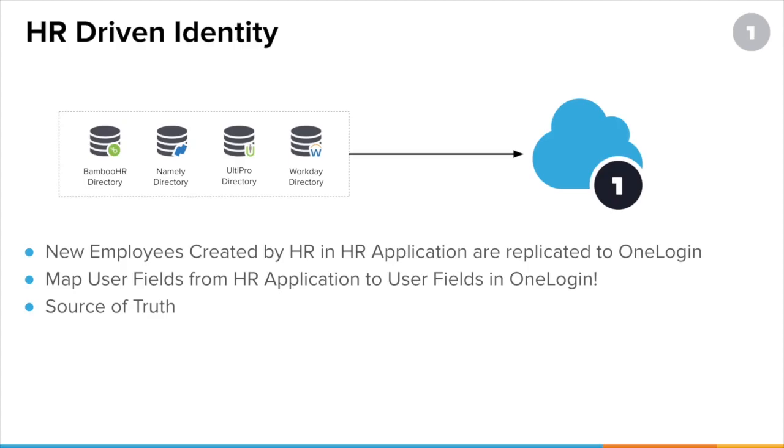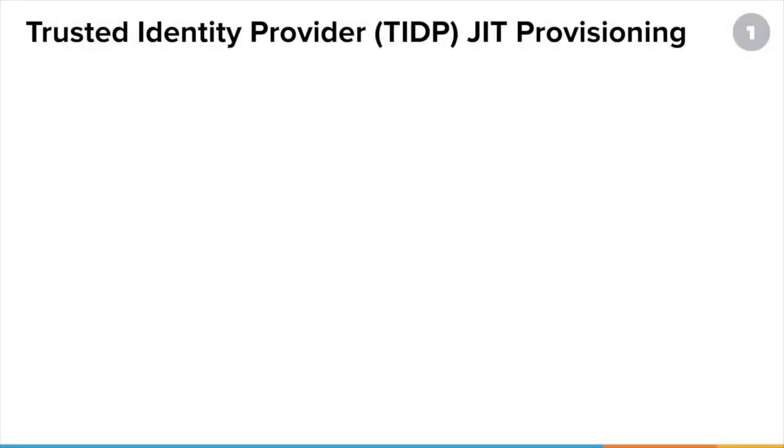It's a great way to ensure that the user info within OneLogin is accurate and up to date, since it is one of the responsibilities of HR to keep that information accurate and up to date within their own systems. That way, you don't have to worry about having the wrong department or job title filled in for your users. You can depend that your automations will work as intended since they have the correct information.